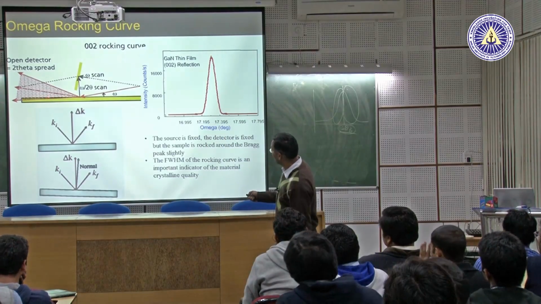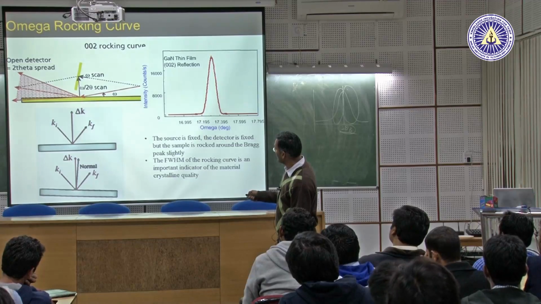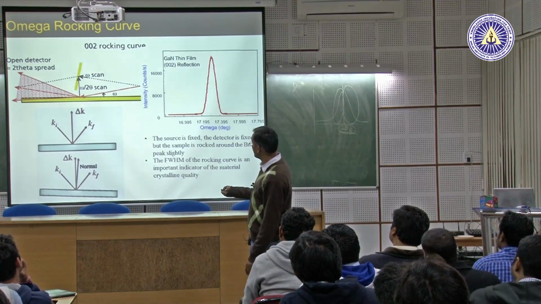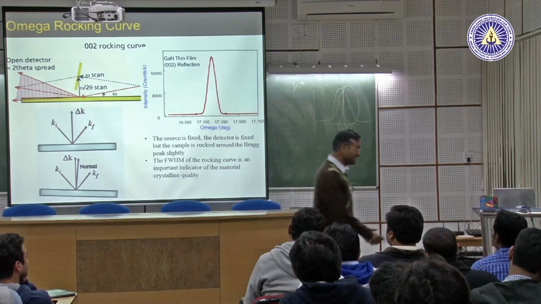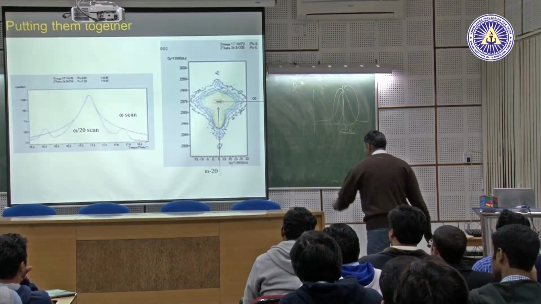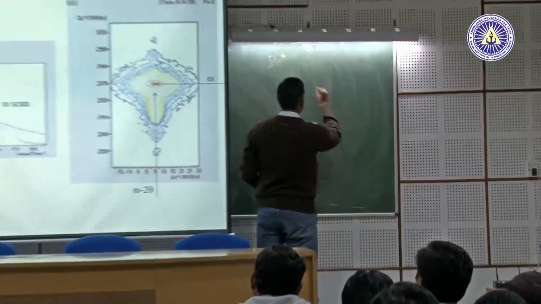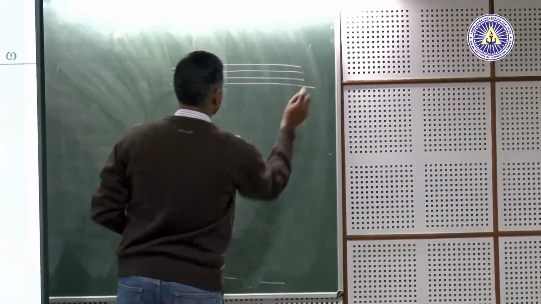If you have planes which are not perfectly parallel to the surface, rather in some sort of zigzag fashion at the surface, you will be able to capture all those planes which are at certain angles. So let's say you have a thin film like this. In an ideal case, you will have a thin film with planes going like this.